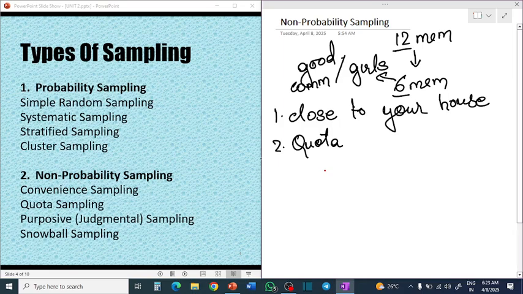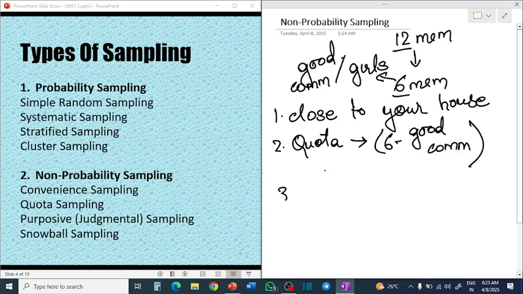So what is this? This is quota sampling. We are selecting the 6 members who are good in their communication skills. So this is known as quota sampling.